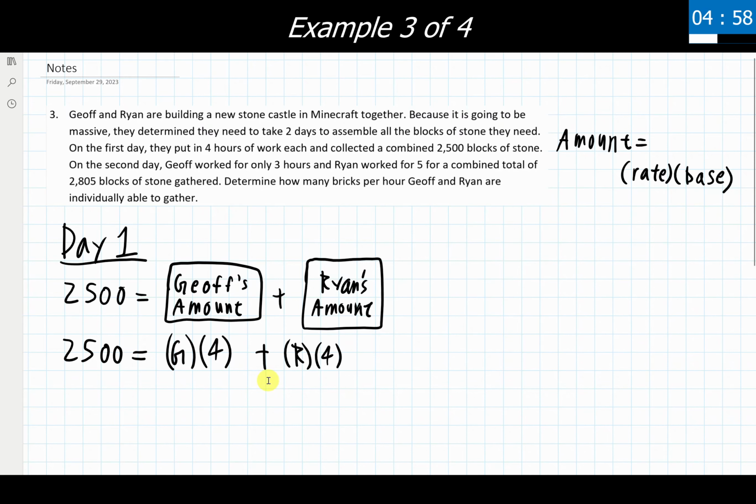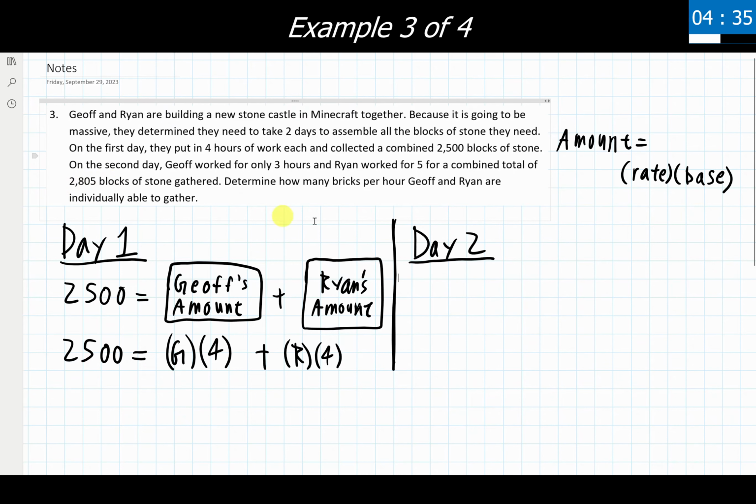It also is one of the 2 equations that we need. Let's go ahead and write next to it, write in day 2 here. Let's see what we can determine from this. So we're told with day 2, on the second day, Jeff worked for only 3 hours and Ryan worked for 5 for a combined total of 2,805 blocks of stone gathered.